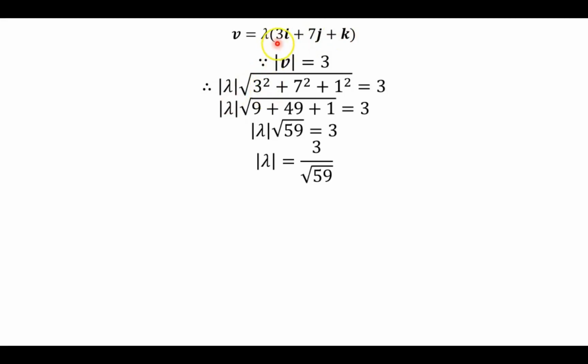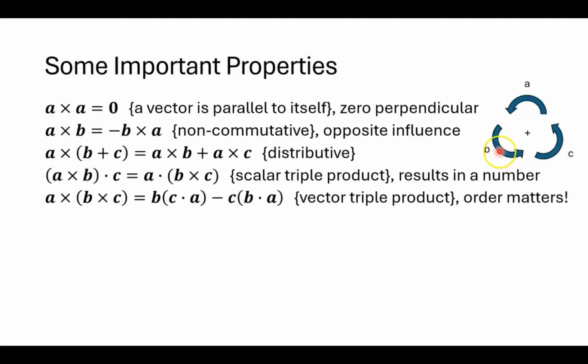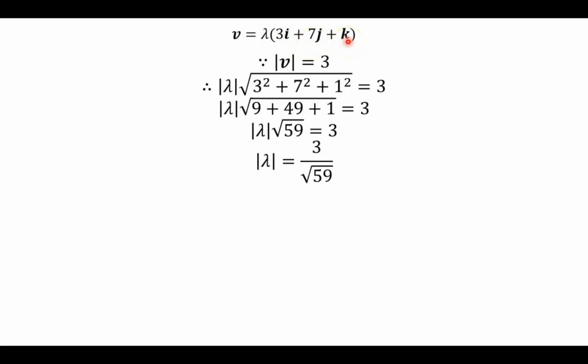It's the first component squared, plus the second component squared, plus the third component squared. The third component is just 1, so we have 1 squared, 1k here. You add them all together, and then you take the square root.